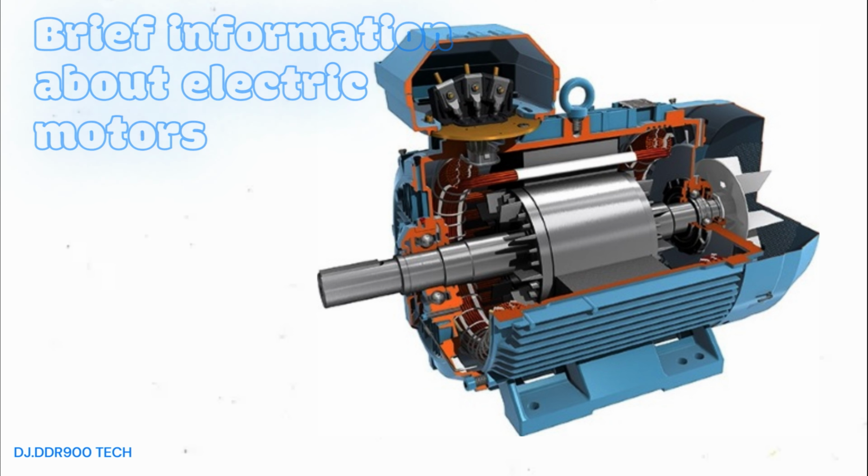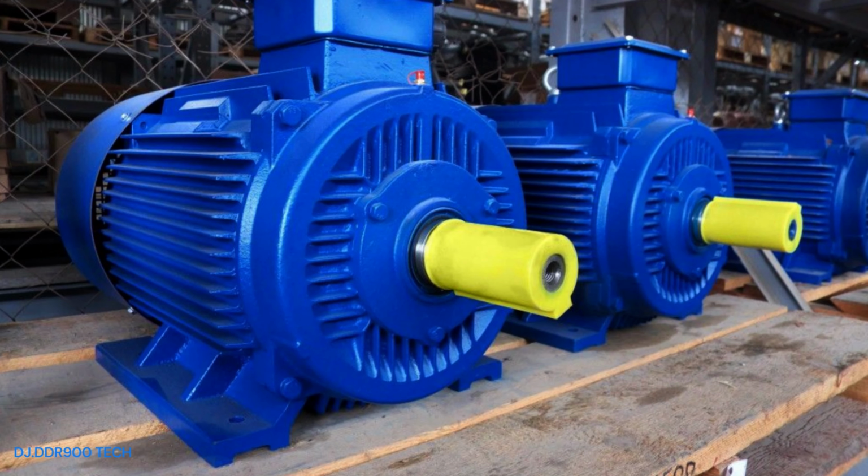Universal motors. In a separate group, universal electric motors are distinguished, which can operate from an alternating current network and from direct voltage sources. They are used in power tools, household appliances, as well as other low-power devices. The design of such an electric machine does not fundamentally differ from a DC motor.